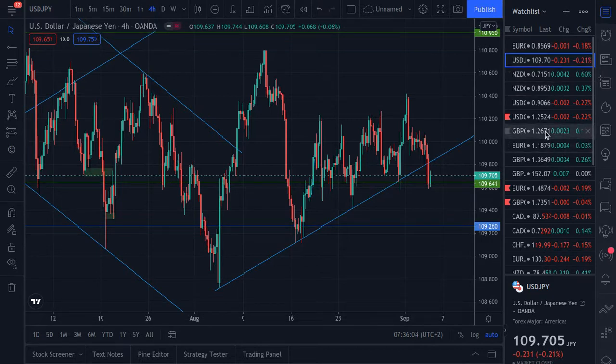So I decided that we're gonna be looking at the dollar actually, but I usually like to trade the opposite base pairs of the dollar.